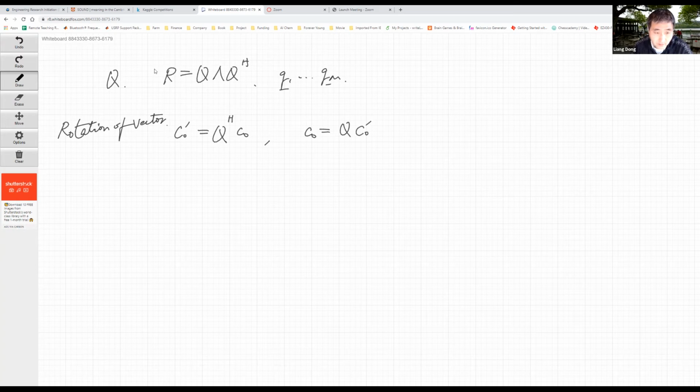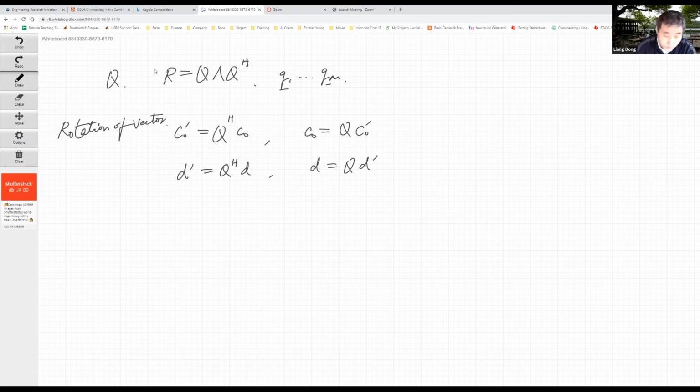You put a Q here, and Q Hermitian Q is identity, so we have that. You rotate back from the new vector C0 prime to the old C0. Similarly, I can do that for vector D. I'm also doing Q Hermitian times D. Therefore, the original D is equal to Q times D prime.